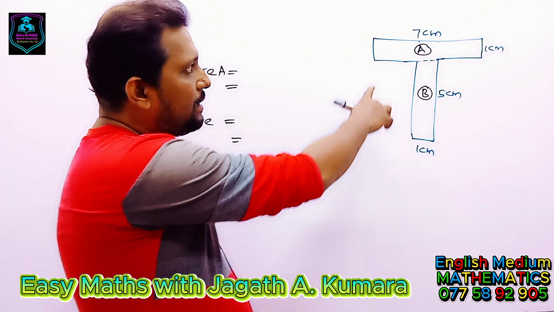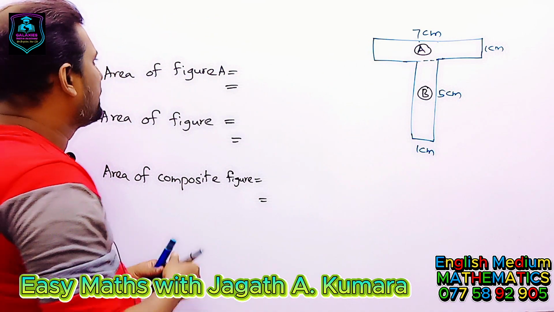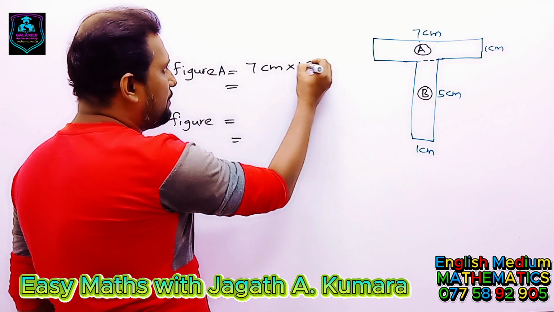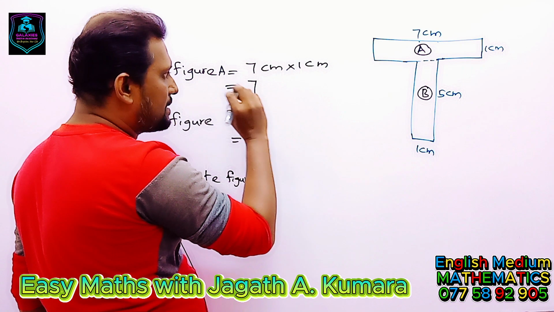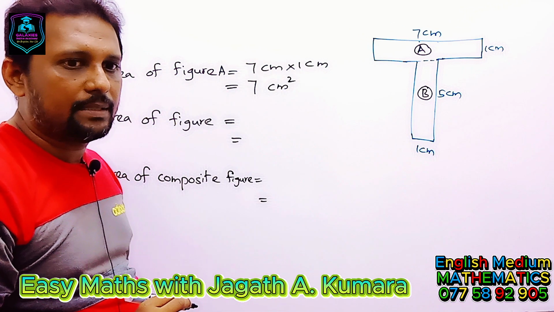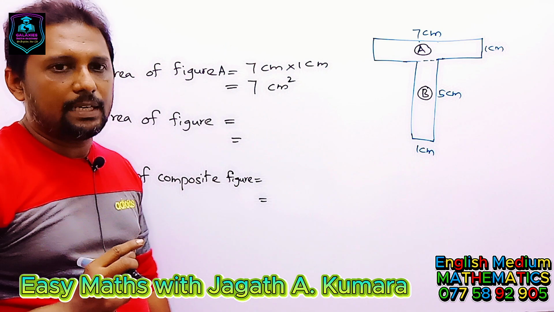Now look at figure A. Length is 7 centimeters, breadth is 1 centimeter. So area of figure A, 7 centimeters multiply 1 centimeter. So the area is 7 times 1, 7 square centimeters, right? Area of figure A equals 7 square centimeters.